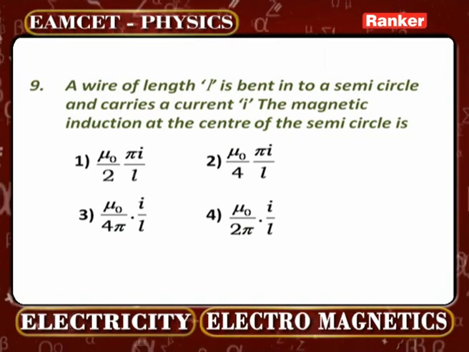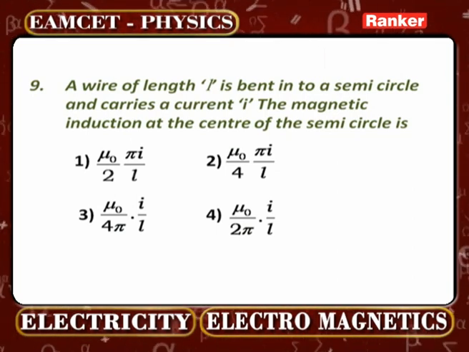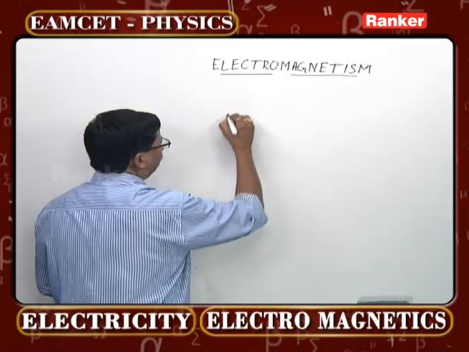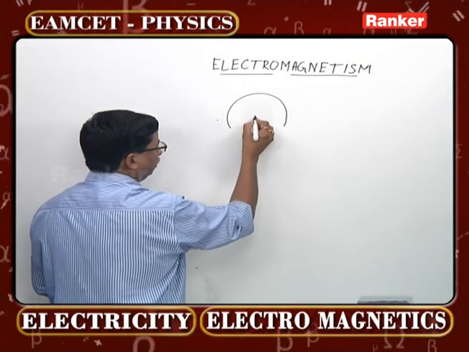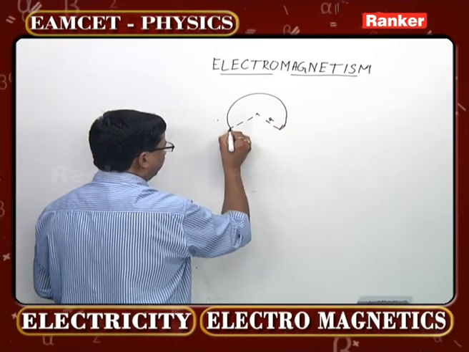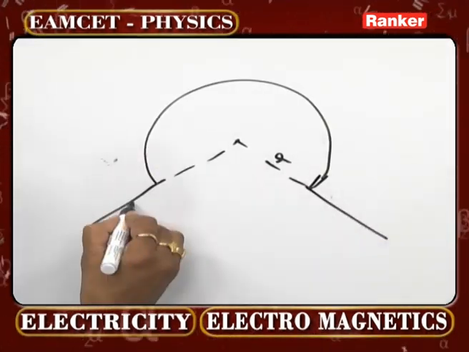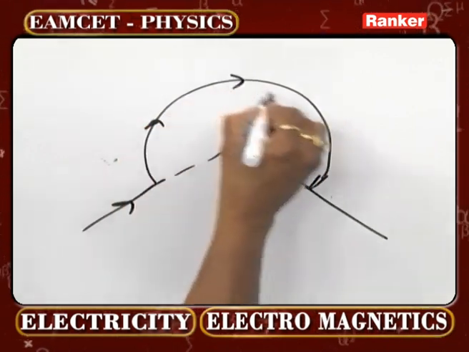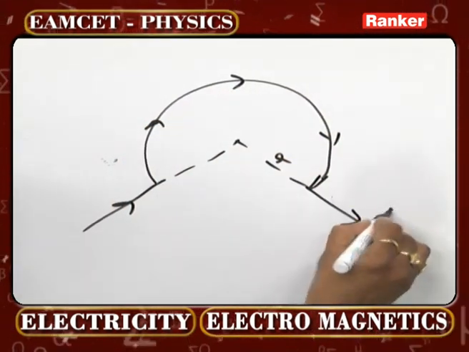Directly you can apply the concept of a straight formula. Suppose there is a curve like this. This is the radius R and of course this is one end of it, this is another end of it. Current is entering this way and leaving this way, for example.